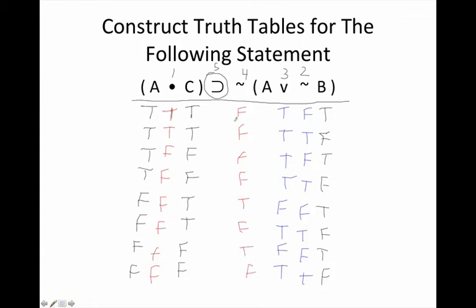So now we're in a position to take the dot and the first tilde and generate the horseshoe truth values. So we know that there's one case only when the horseshoe is false. In all other cases, it's true.